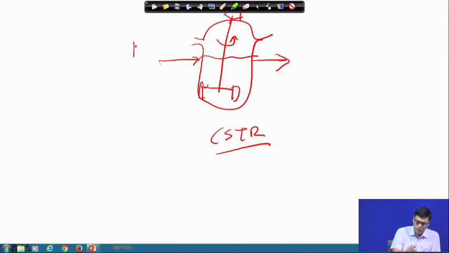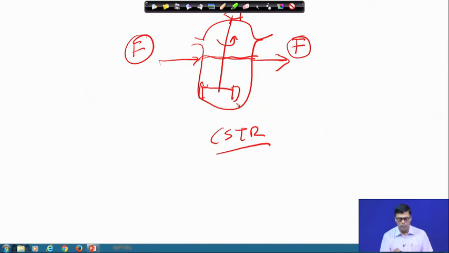There is an inflow and an outflow, and I told you this flow rate should be the same. Why? Because if F differs, either the volume will increase or decrease in the reactor. So F should be the same, because we want to maintain the same liquid volume in the reactor. Liquid volume is considered as the working volume of the reactor, because we assume the reaction takes place only in the liquid phase.